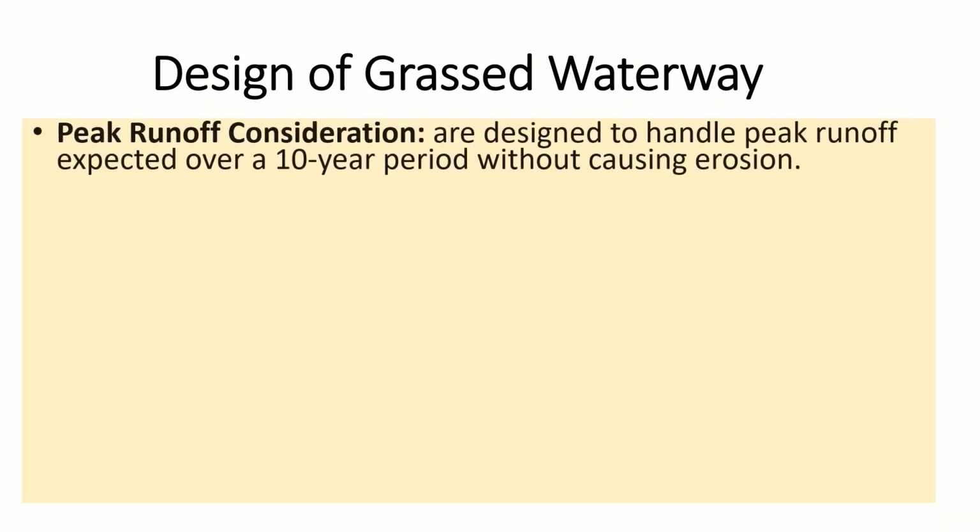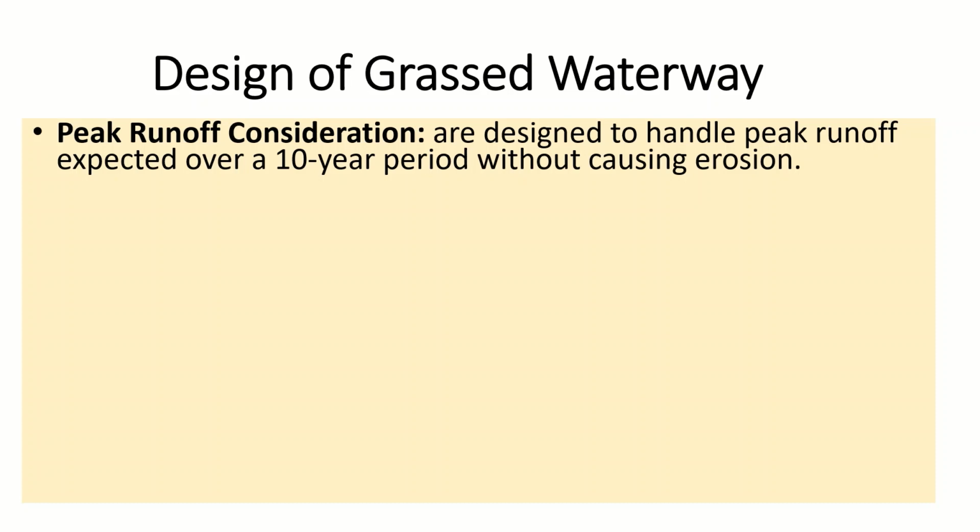So design of a grassed waterway includes consideration of peak runoff, the highest runoff which may occur once in 10 years. It is the expected runoff over a period of 10 years. Then we need some reliable models which can estimate the peak runoff.